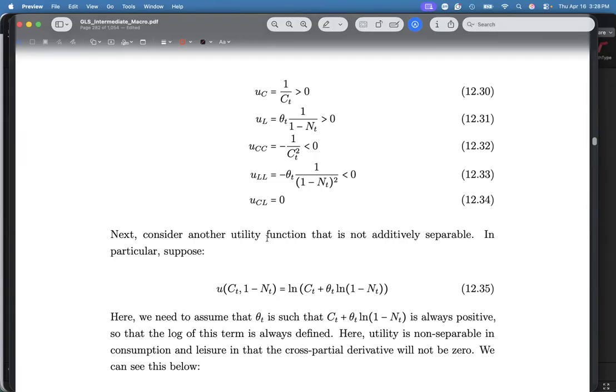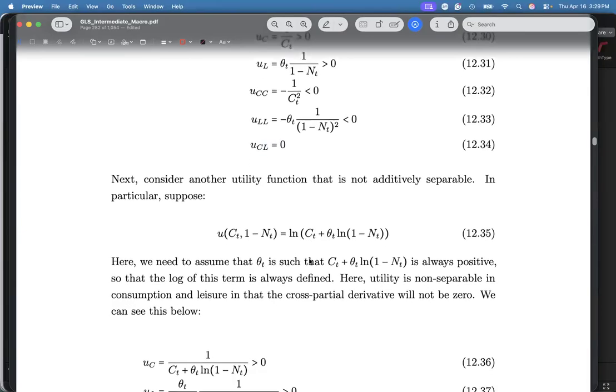No. So this is in contrast to, say, some marginal product of labor. If capital goes up, your marginal product of labor will rise. This is not the case here, right? Your marginal utility for consumption has nothing to do with your leisure. This is another example that is not additively separable.